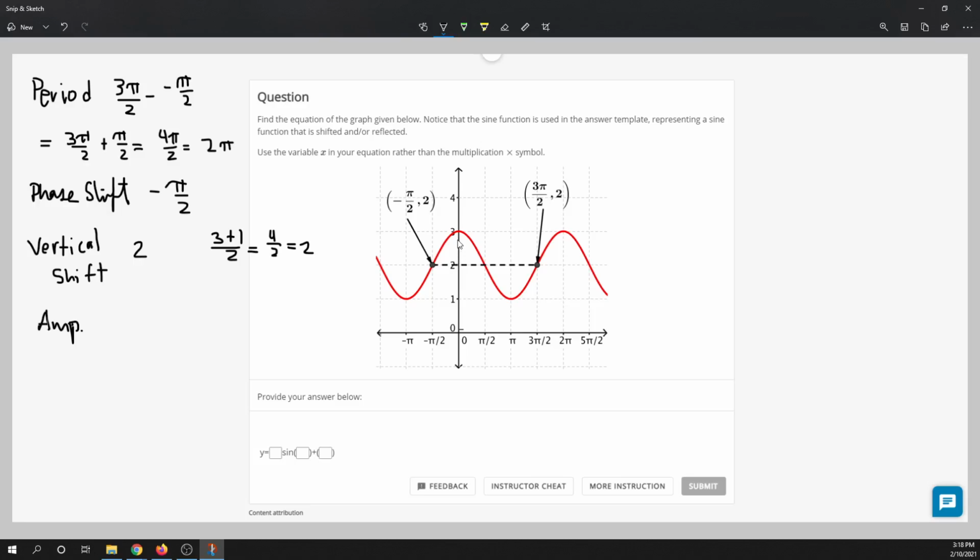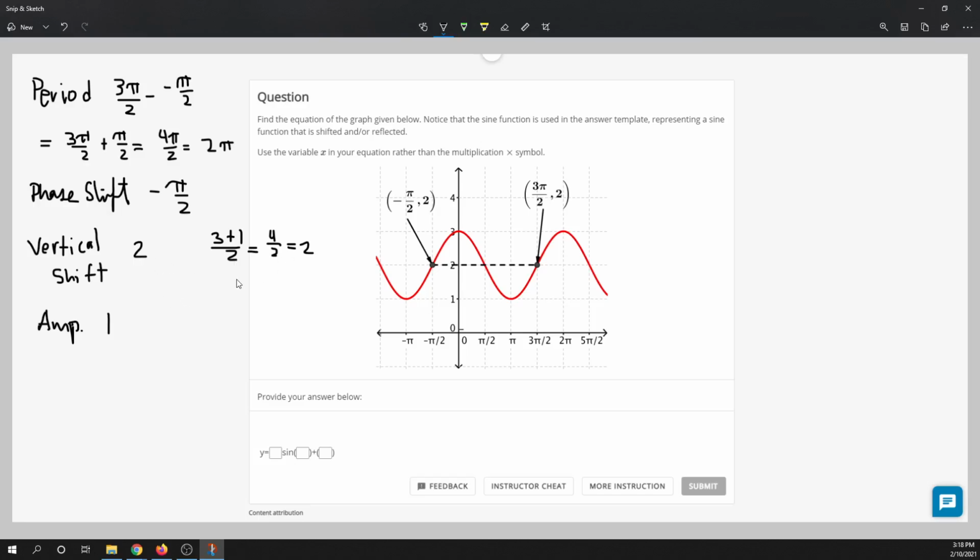And here again, you can see that that's just 1. The high point here is 3, the midline's at 2, so the amplitude is going to be 1. So that's the first thing that you want to do in this problem: go through and get all of that information from the graph.